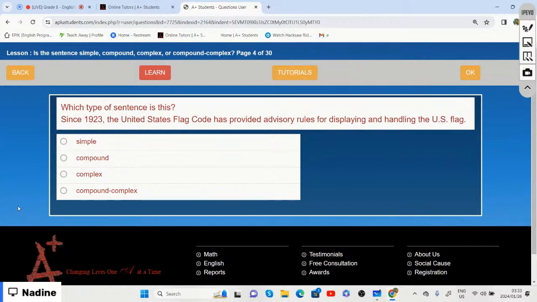It says since 1923, the United States Flag Code has provided advisory rules for displaying and also handling the US flag. So now we need to say which type of sentence this is. If it's a simple sentence, compound sentence, complex sentence, or a compound complex sentence.